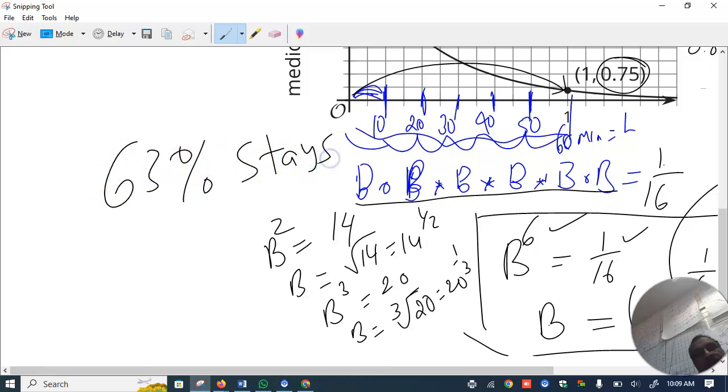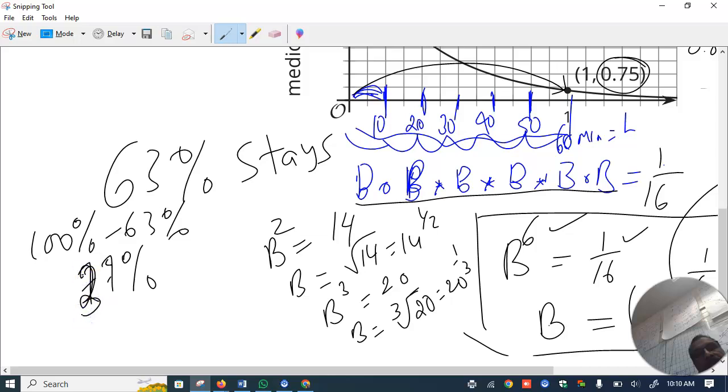How did you get that? 100% take away 63%, you get 37%. I'm sorry, 37% is lost. So that much of medicine goes away every 10 minutes.